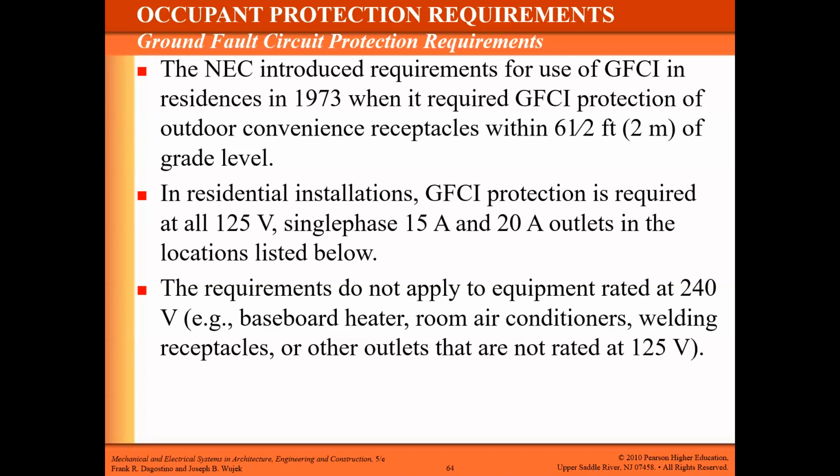In residential installations, GFCI protection is now required at all 125 volt, single phase 15 amp, 20 amp outlets in the locations listed below, which are not listed in this slide, but in the book. It definitely takes a look at all the different applications there.